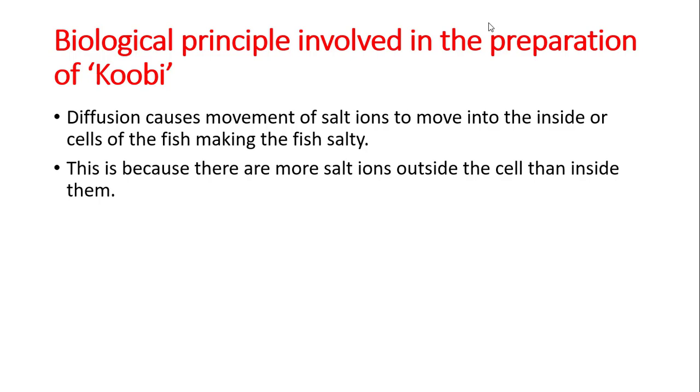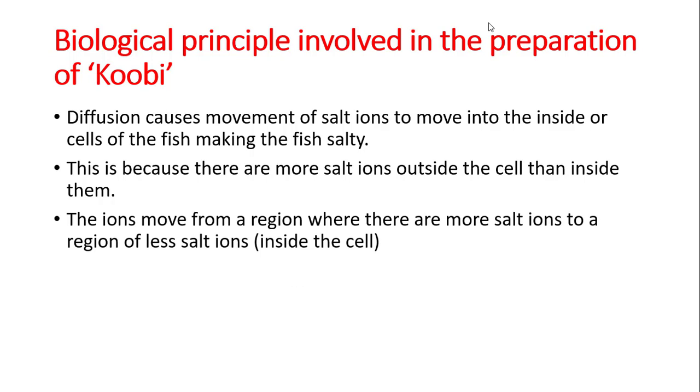This is because there are more salt ions outside the cell than inside, so the ions move from the region of more salt ions to the region of less salt ions, which is inside the cell.